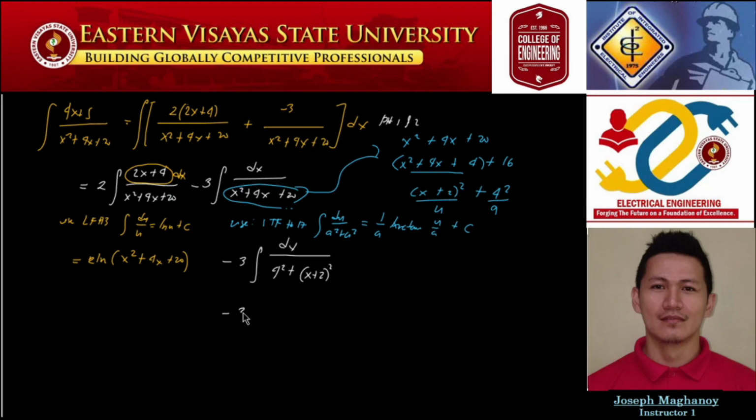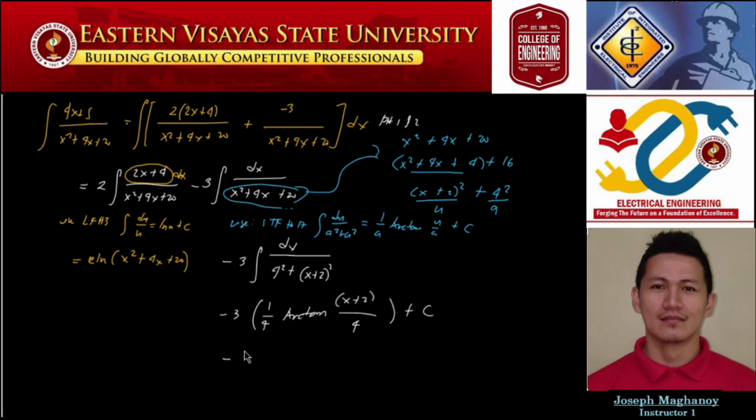So negative 3 quantity 1 over a, that is your 4, 1 over 4 arctan, what is your u, that is your x plus 2 all over a, that is your 4, plus c. Then you multiply your constant negative 3.